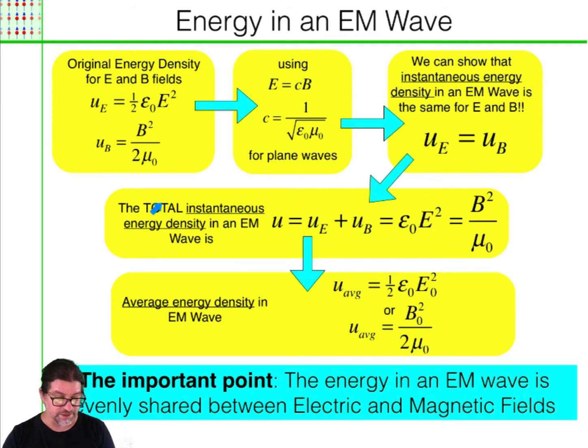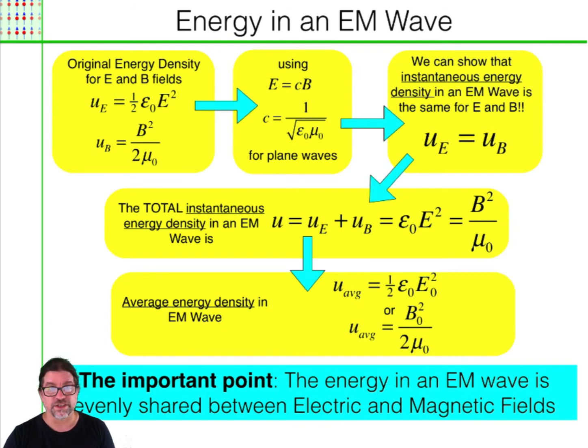The total instantaneous energy density in an EM wave is the sum of those two. By using all these relationships, you can write it in terms of either electric fields or magnetic fields. The average density, if you average it out over a wave, is about 1/2 epsilon naught E naught squared. So that's the energy density stored in a wave, and it's evenly shared between electric and magnetic fields, which is kind of cool.